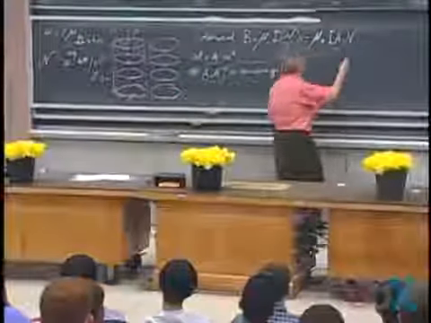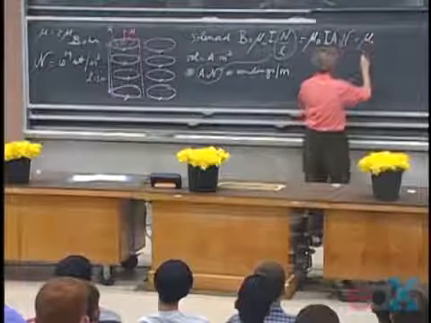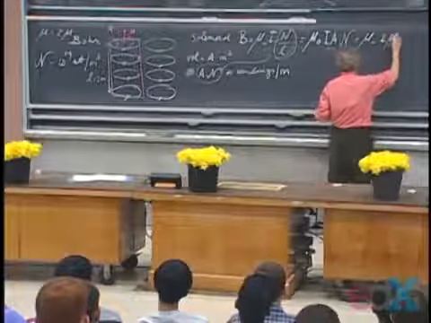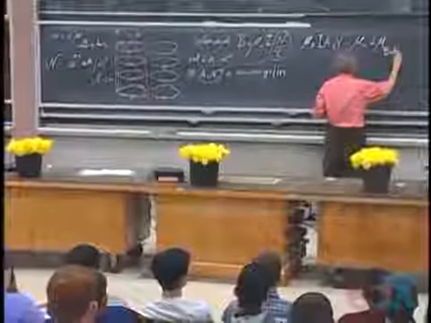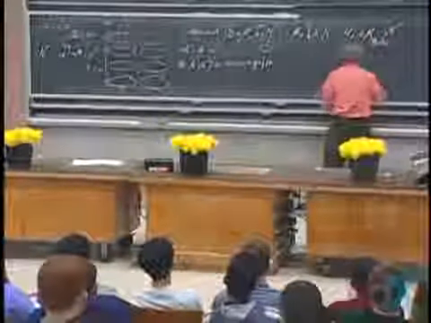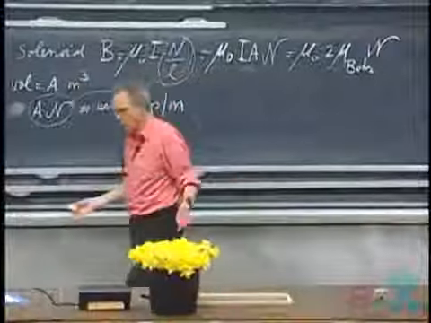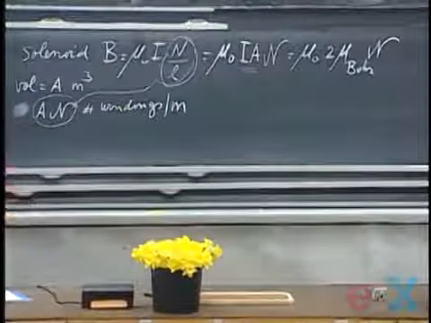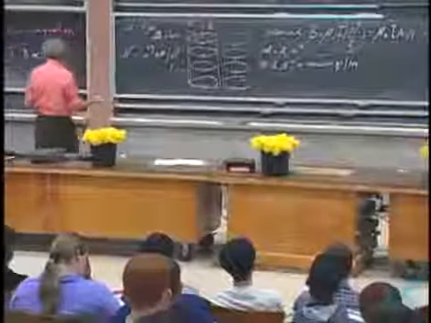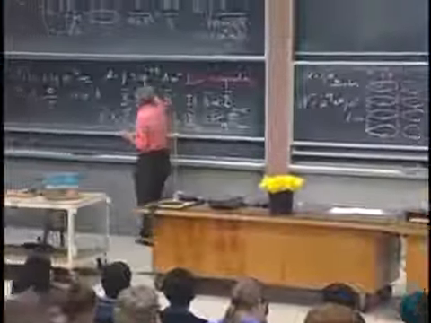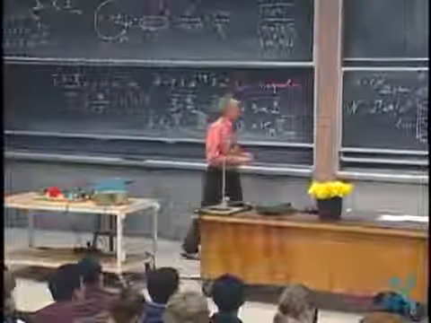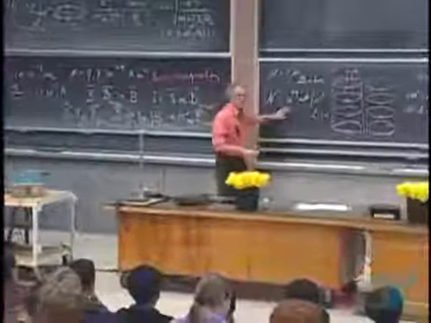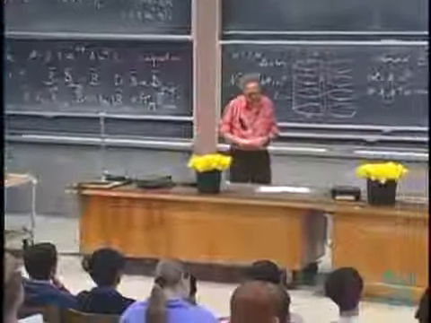And so this now also equals mu zero times twice mu Bohr times N. And I'm finished, because I know what mu zero is, and I know what mu Bohr is. We calculated that, it's still here, this number. And I know what my capital N is, 10 to the 29 atoms per cubic meter.